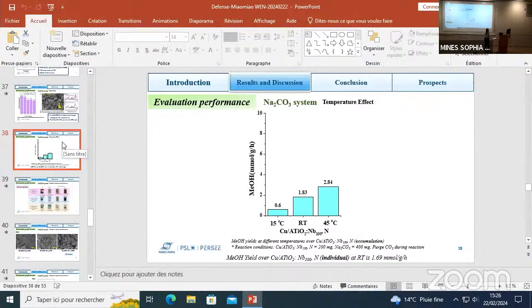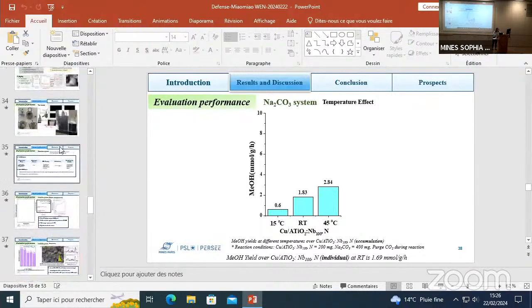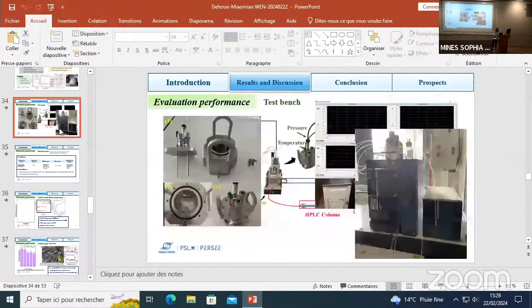But from the test bench, you can see our lamp was in a closed black box. So when I raised the temperature to 60 degrees, the black box was closed, and during the reaction it overheated, so the lamp shut down directly. So actually the result is not accurate. This result has a problem.